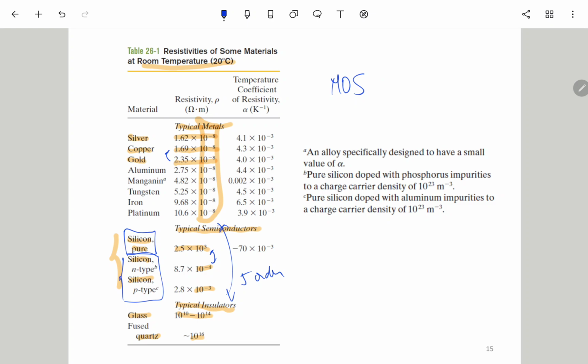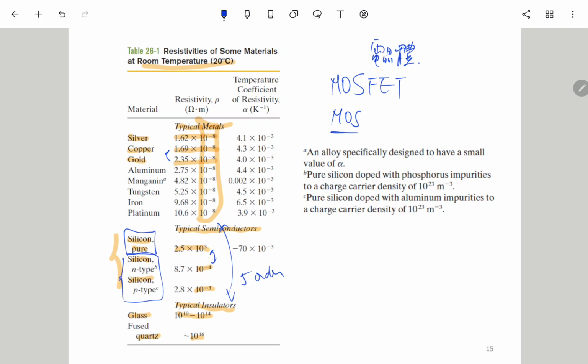The long form is MOSFET, and the short form is MOS. In Chinese it is called a field-effect transistor, or simply a transistor. These are semiconductor components.